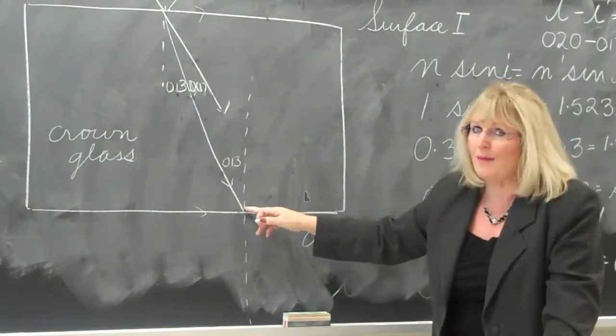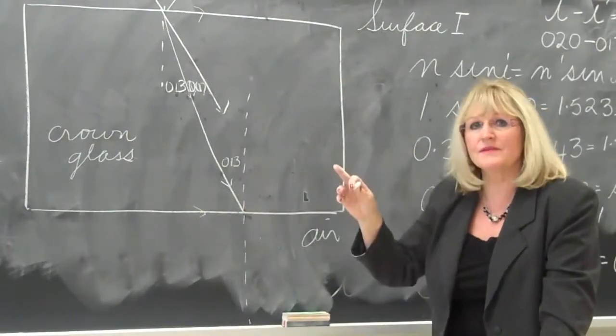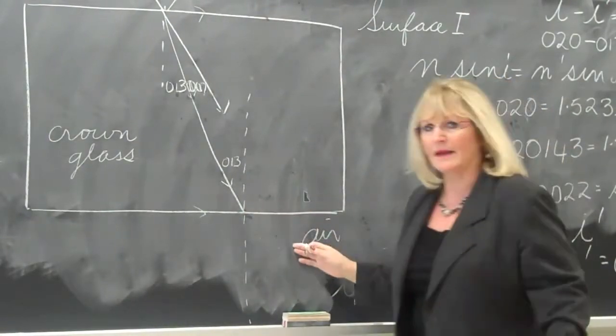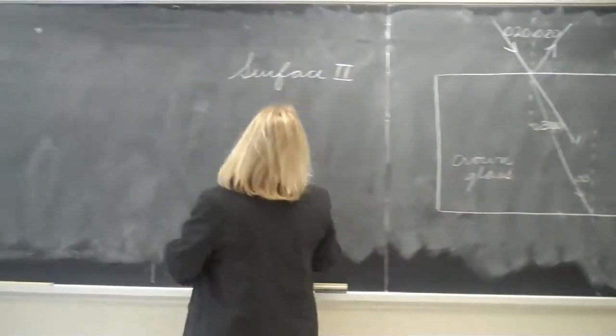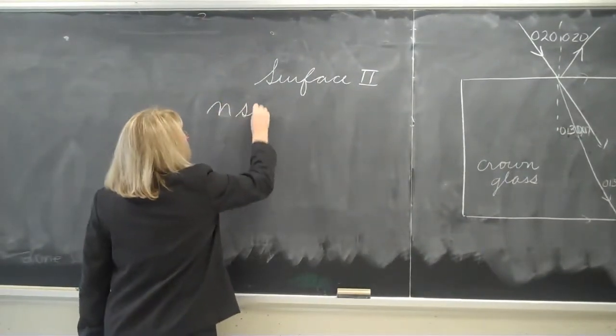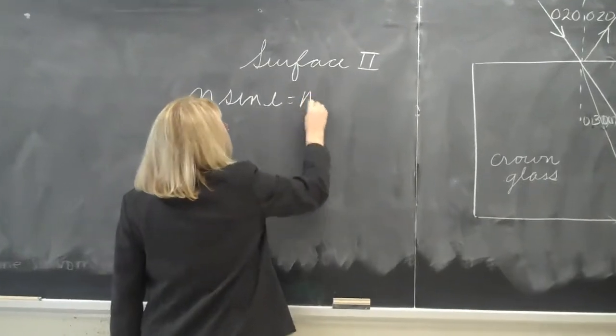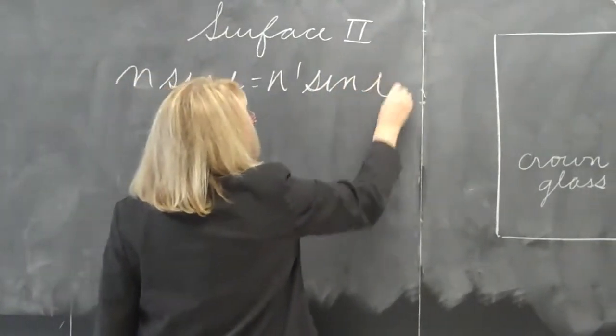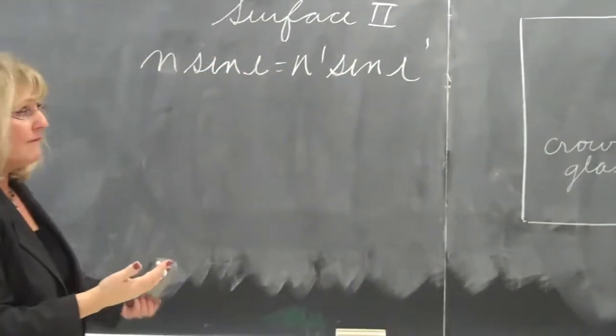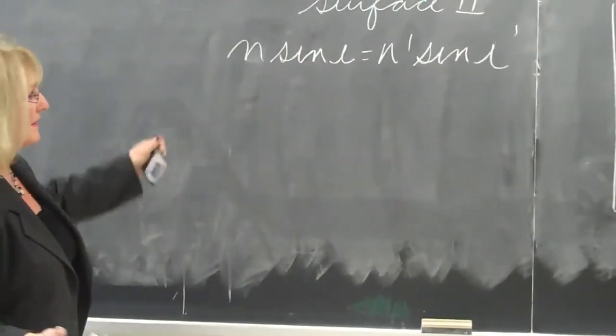So we go back to Snell's law again at surface 2 and calculate the angle of refraction at surface 2. So n sine I equals n primed sine I primed. Exactly the same formula, working it out the same way.